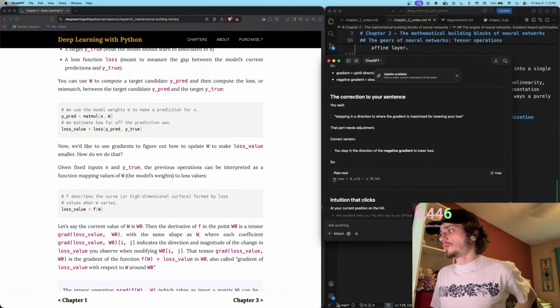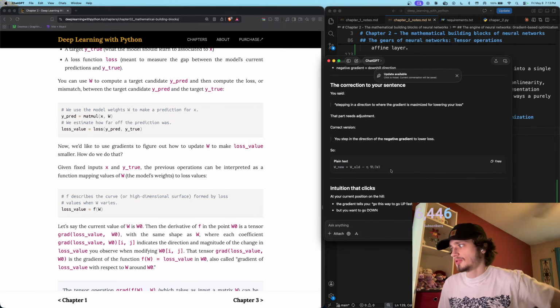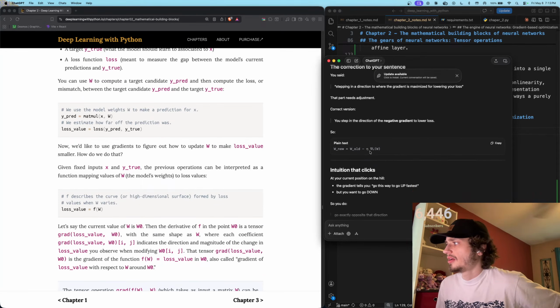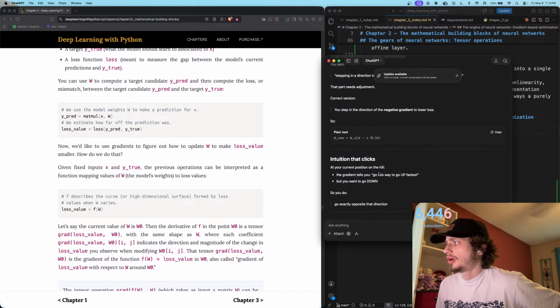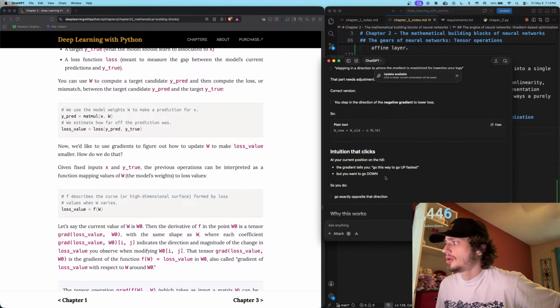So the new weight becomes the old weight minus the, whatever these calculus symbols mean, pertaining to the gradient value, right? The loss function gradient with respect to the weight. At your current position on the hill, the gradient tells you to go this way to go up the fastest, but you want to go down.